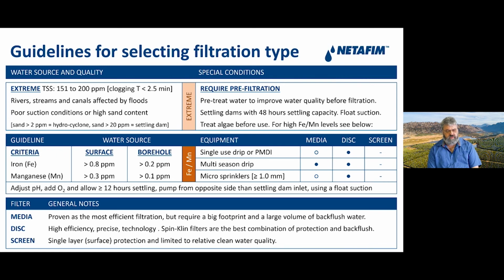The disc filter is high efficiency, precise technology, and the spin filter that's fully automatic gives you the best combination of protection, that's filtration, and backflush, cleaning the disc again. And then if you look at screen filters, because it's a single layer filter, the protection is basically limited to relatively clean water and not applicable to all filtration applications.